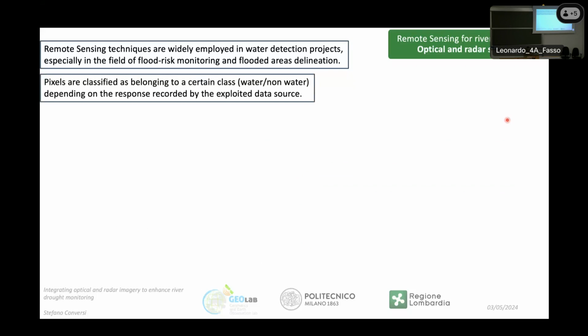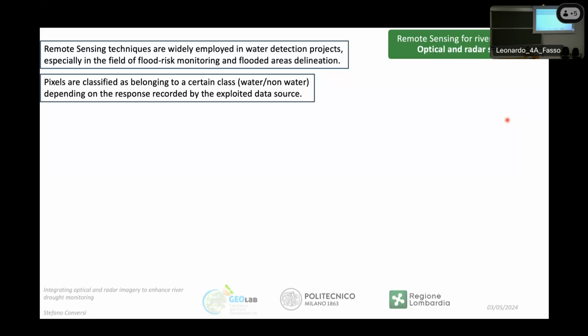Basically, we can distinguish between passive sensors and active sensors. If we are working with passive sensors, the output that we get from the satellite, or in general from the sensor, is something like a photo, a shot of the real situation. While for the active sensor, we are giving an input: we are sending an impulse to the surface, and then we record the response of the surface itself.